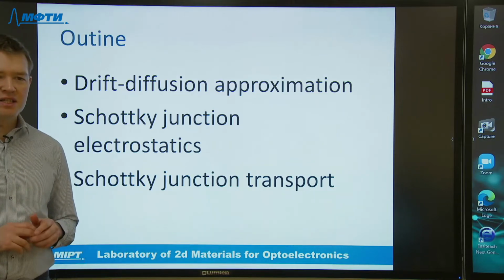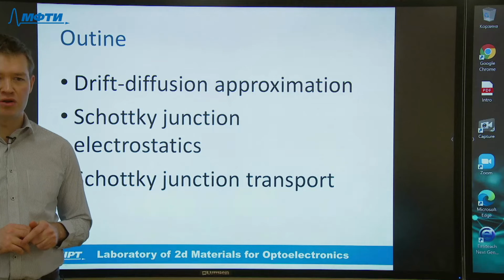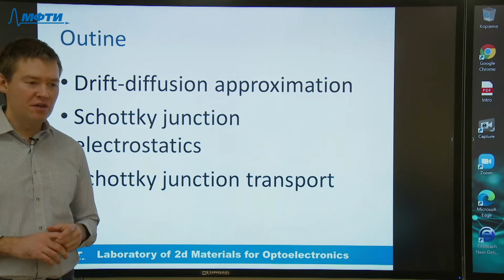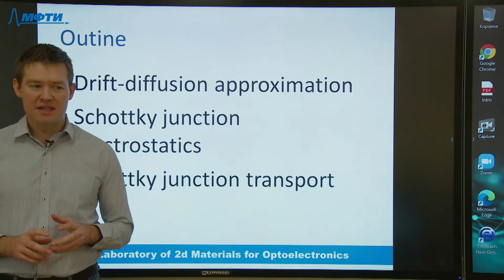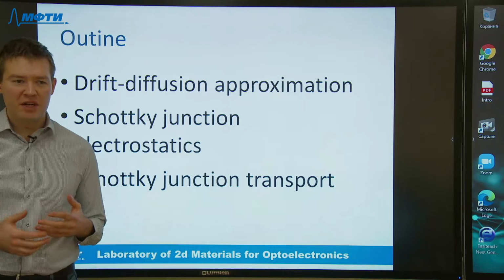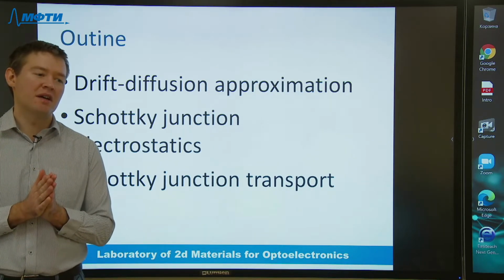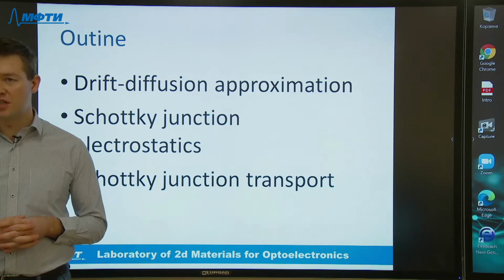Then we will deal with the junction of metal and semiconductor, which is called Schottky junction after the name of its inventor. We will first consider the electrostatics of this junction, how the potential profiles are formed when we contact a metal and a semiconductor. And then we will deal with electronic transport in such a junction.